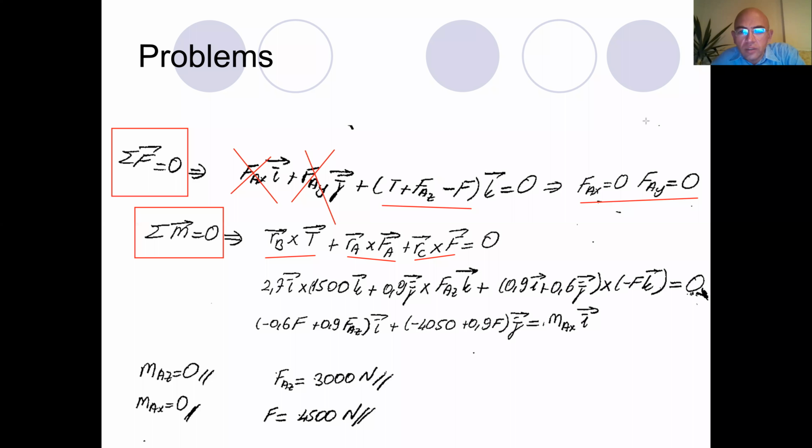So let's correct it. There has to be MA, because I have the additional moment coming from the support at A. Just a moment. This is A as well.